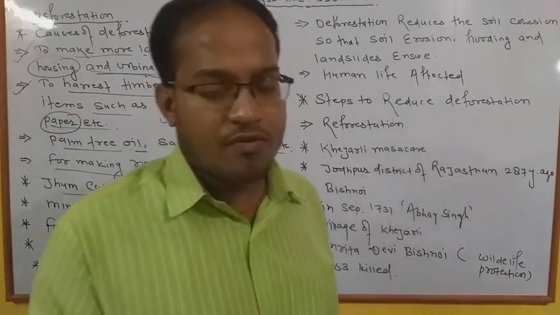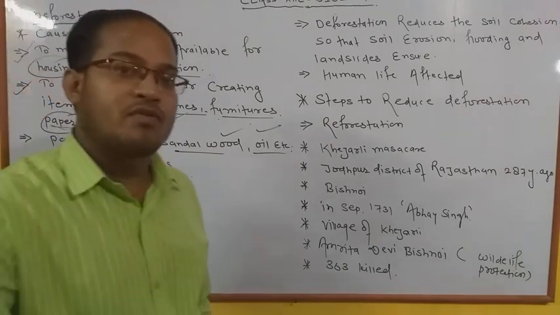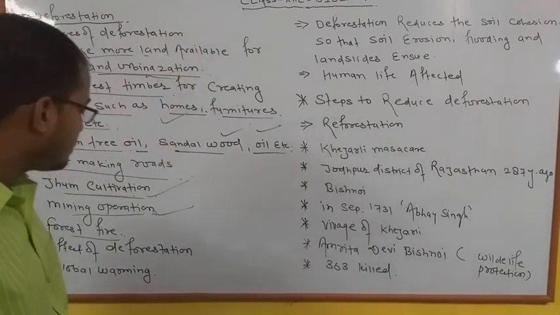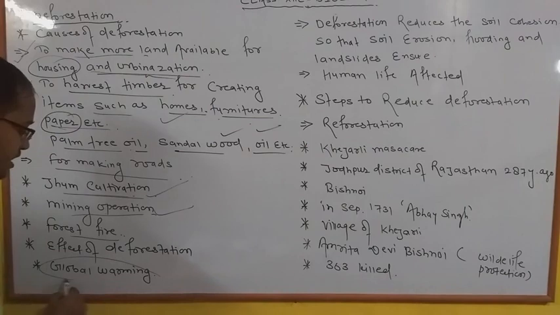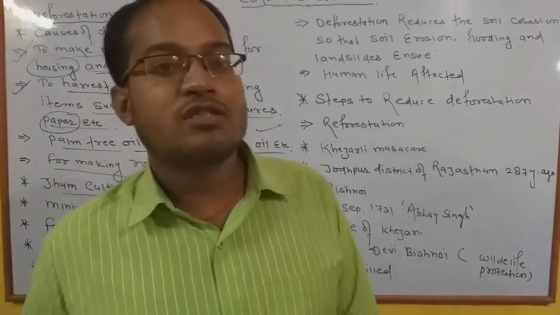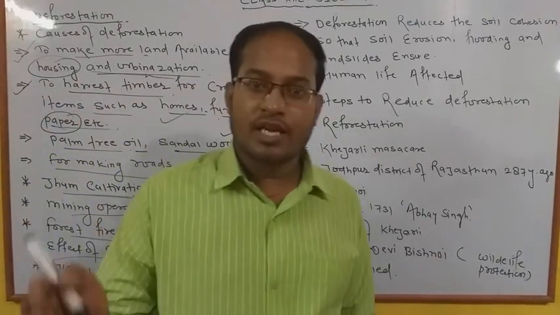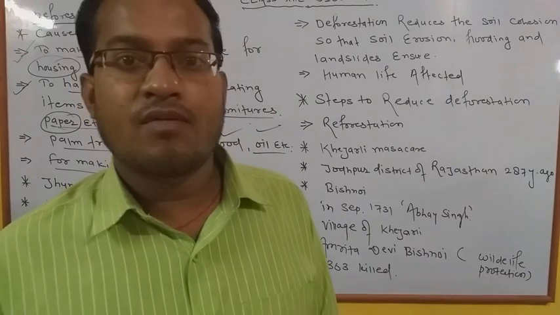If we will not stop the deforestation, the cutting down of trees, which type of problems will we face. Okay, the first point, the most important and dangerous thing, is global warming, because in the previous video we have studied what is the meaning of global warming. It means if there is a plant, they can absorb several types of ultraviolet radiations.